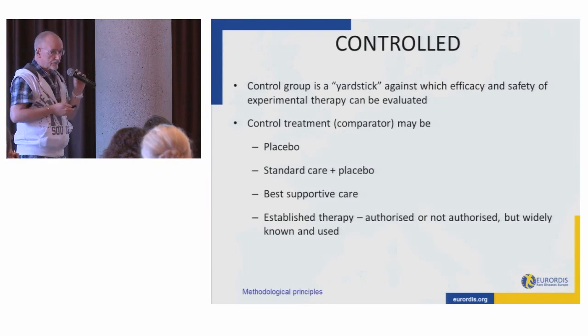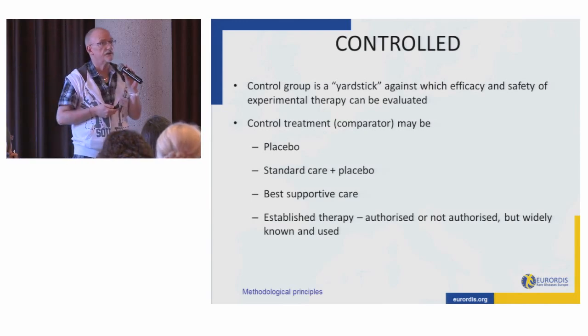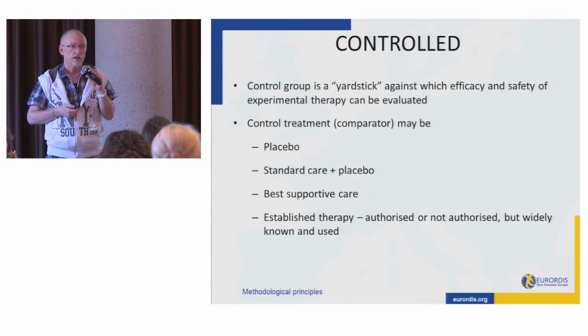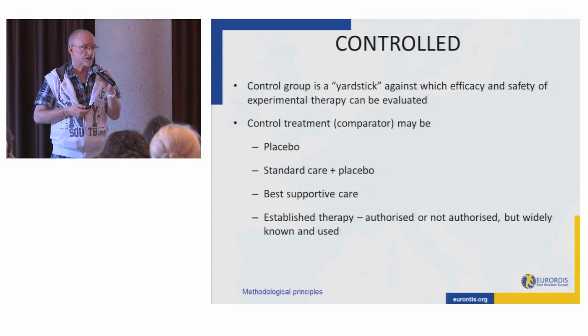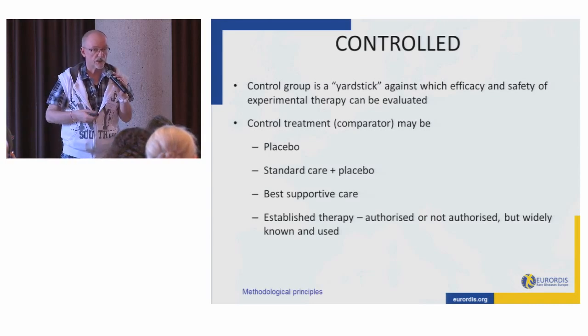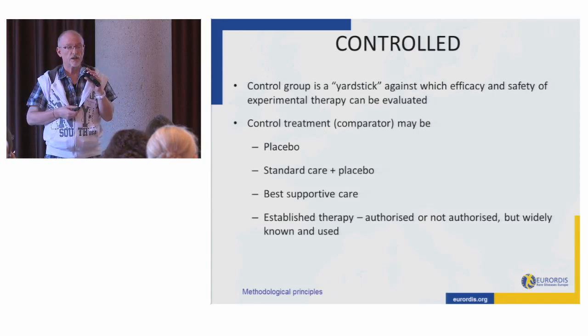Placebo, if ethical, if medically acceptable, is still used a lot, but there are more and more demands against using placebo. Particularly in Europe, there are many centers that will simply refuse placebo-controlled trials in many therapeutic areas, such as those related to psychiatric conditions. They will only accept active control studies.